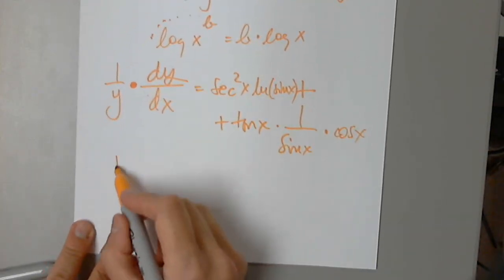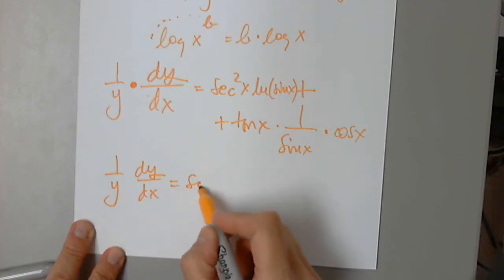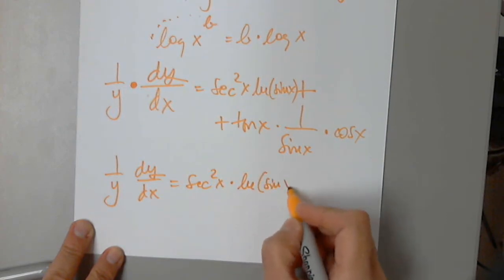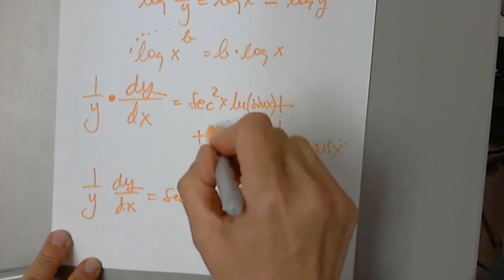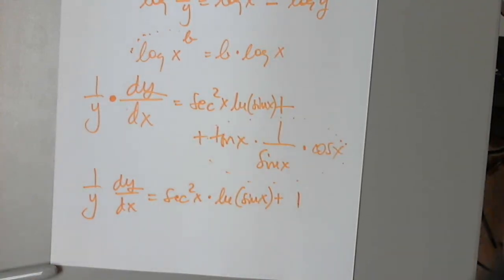So here's what we have: 1 over y dy over dx equals secant squared x times natural log of sine x plus. Can anyone tell us what this equals to? 1. Yes. How do I know it's 1? It's because it's tangent, which is sine over cosine, multiplied by cosine over sine, which is cotangent. And tangent times cotangent is 1.